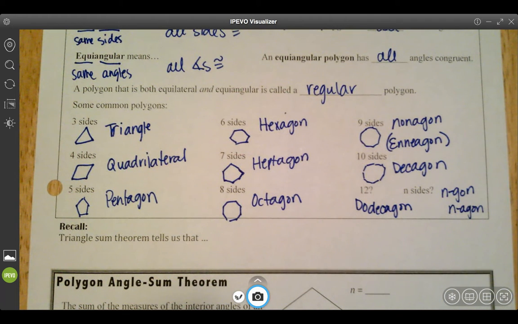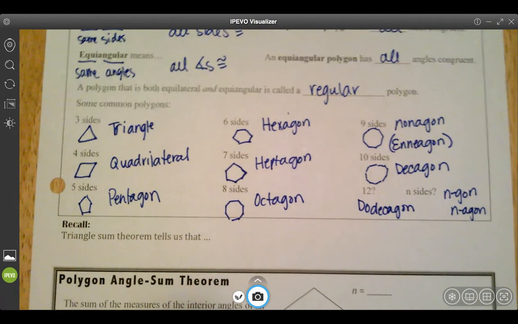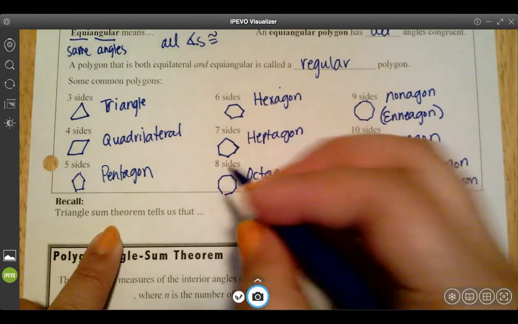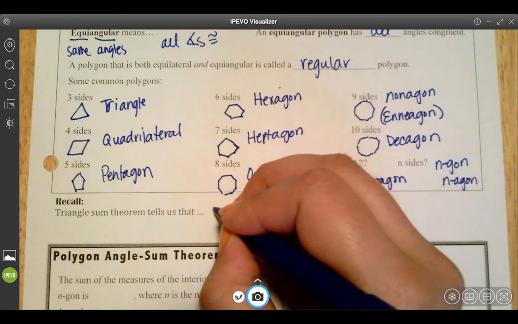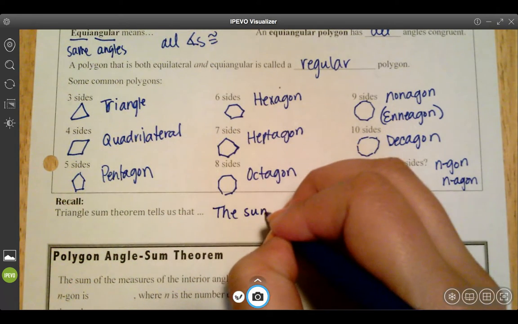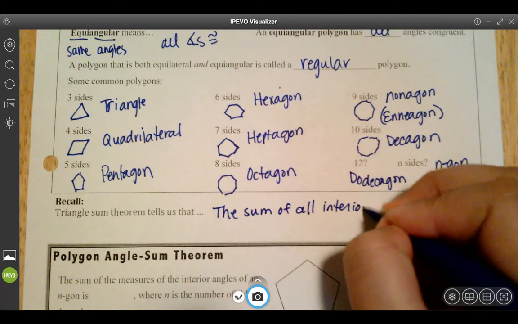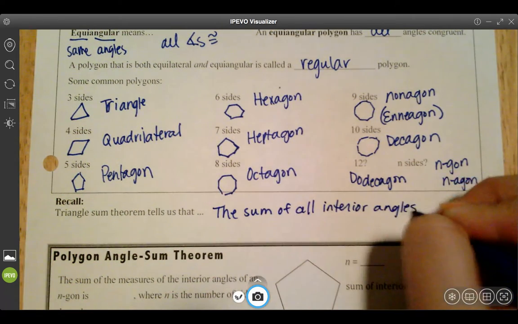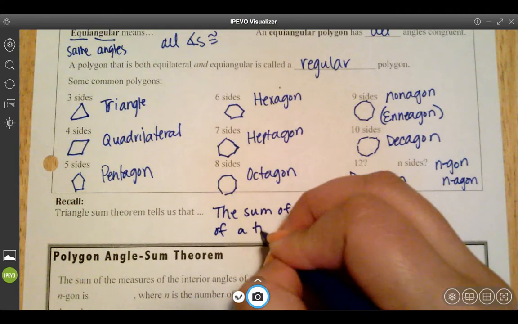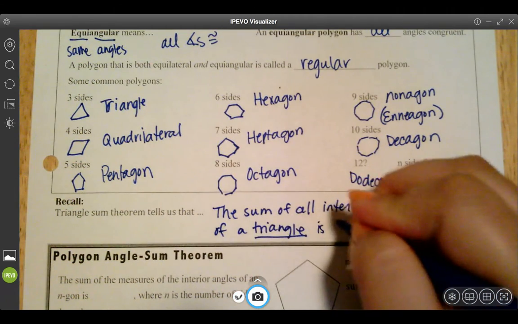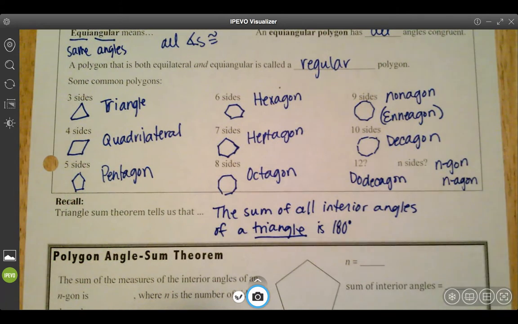Okay. If we remember back to our triangles last week, the triangle sum theorem said that the sum of all interior angles of a triangle, and that's important just for a triangle, is 180 degrees.